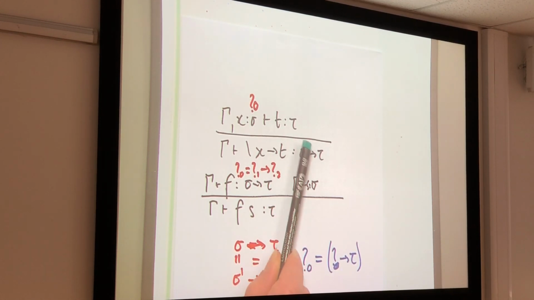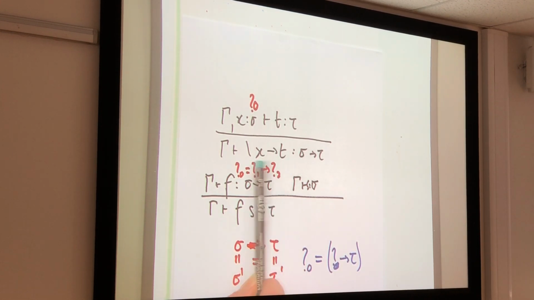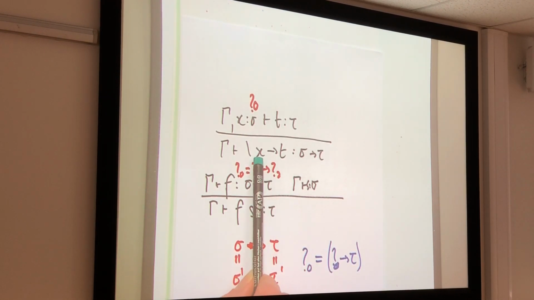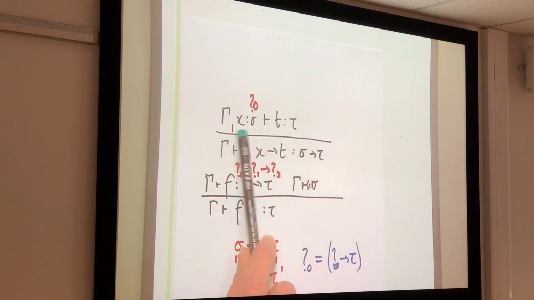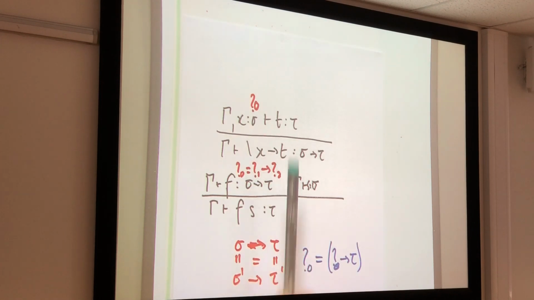So if this type was given up front, we'd be laughing. On the other hand, if we were trying to figure this type out, do type inference, then somebody just gives us this lambda term. We don't know what type to put there. So we've got to come up with something.